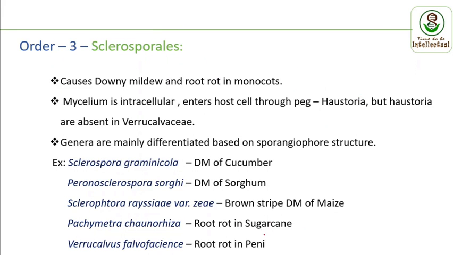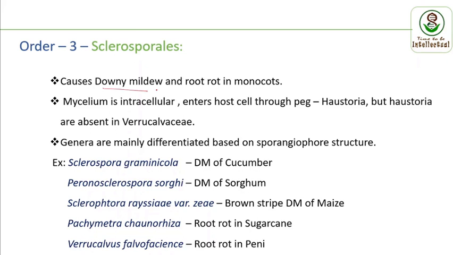Okay, see, this is the third order, not the family. This comes under Sclerosporales, that is Peronosporales. Under Peronosporales, we see Albuginaceae and Peronosporaceae. Under Sclerosporales, we see the downy mildew fungi itself.